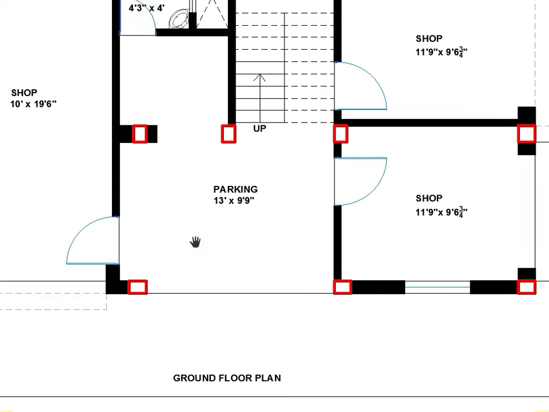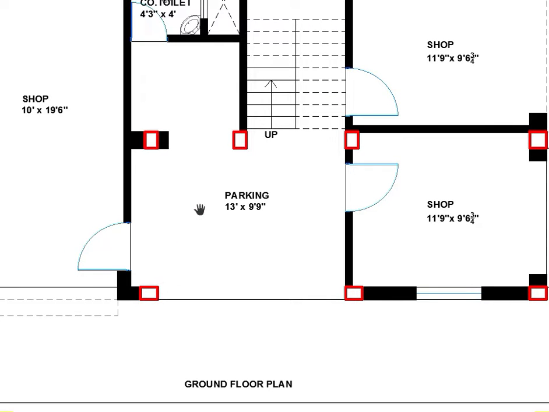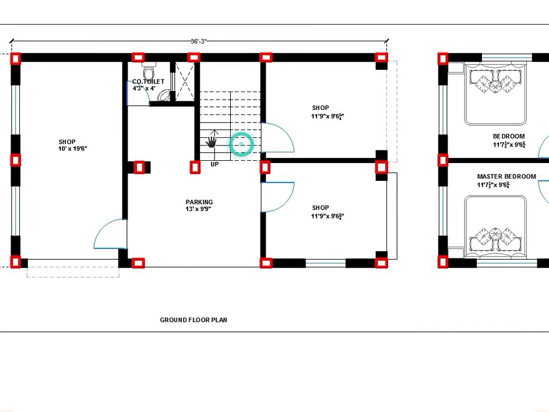Here is the parking portion for a two-wheeler or one car, but we are providing only for the car. And here is the common toilet, which is 4 feet 3 inch by 4 feet. It means horizontally 4 feet 3, and vertically 4 feet. And this one is the OTS through and through the upper floor level.